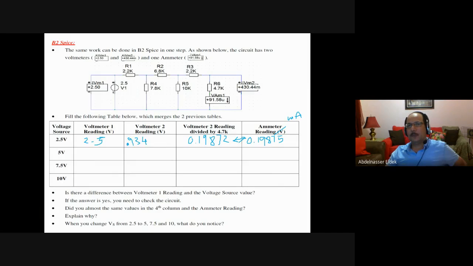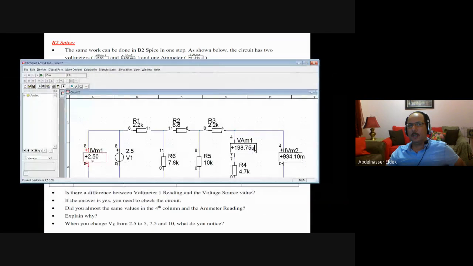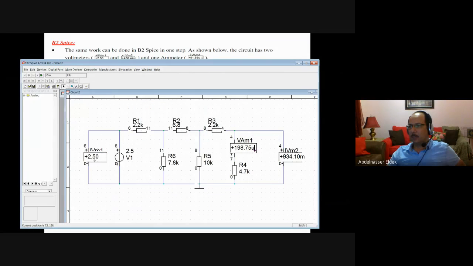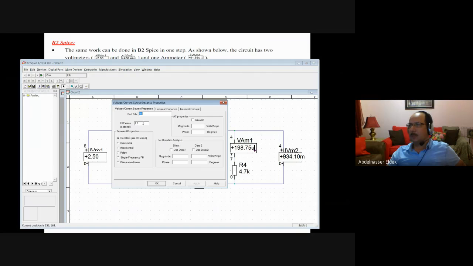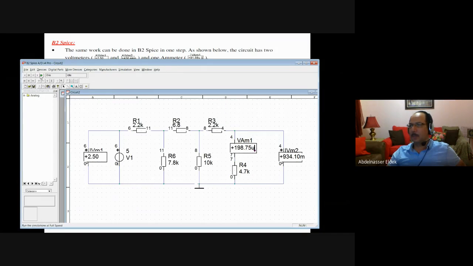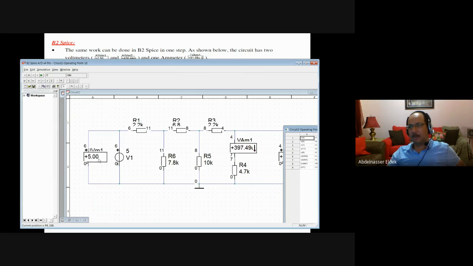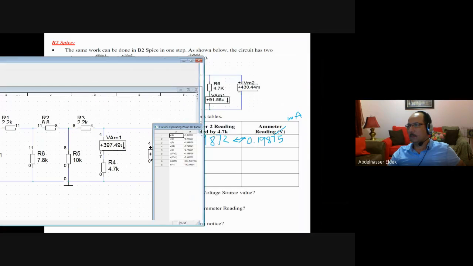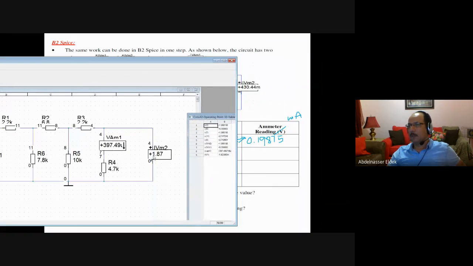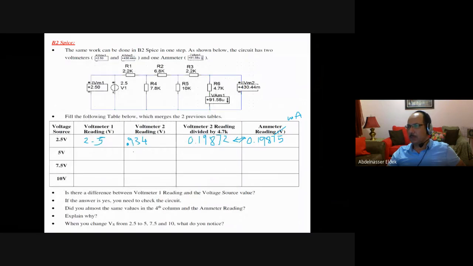Then after that, we need to change the voltage. Instead of 2.5, make it 5 volt and fill the second row. So now run the simulation again. So you see this is 5 volt now, and the voltage here is 1.87, which is double this value, because we multiply the voltage by 2.